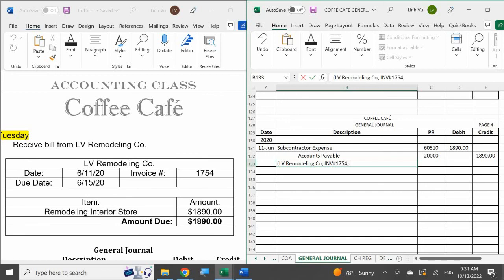Invoice number 1754. Did they give you terms? How many days did they give you? 4 days. They gave you 4 days, so net 4. And then, of course, you could also say this is for interior design.